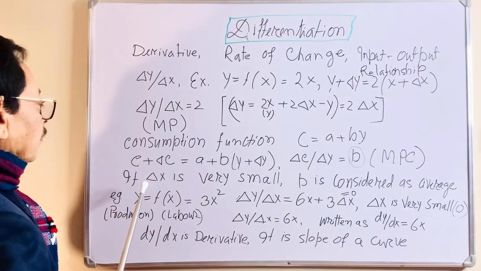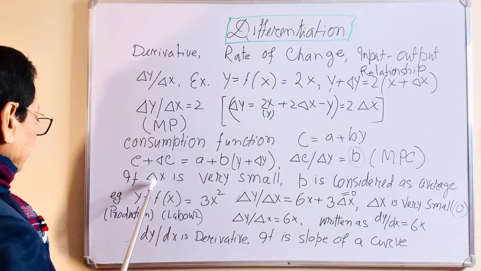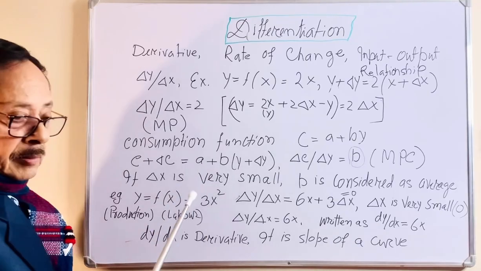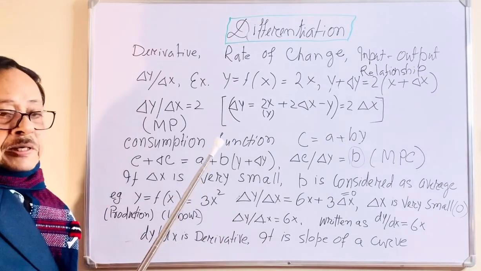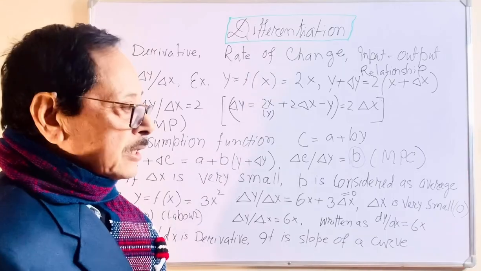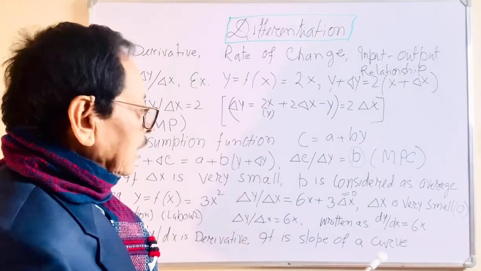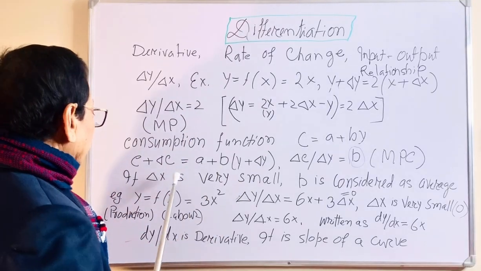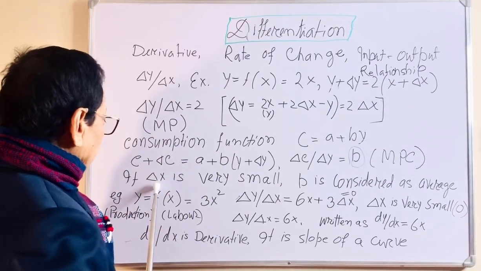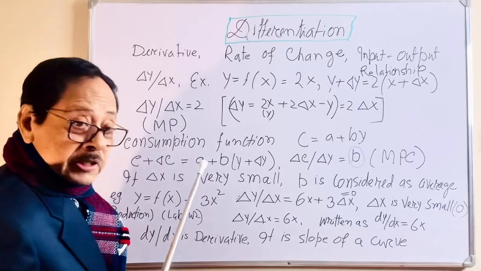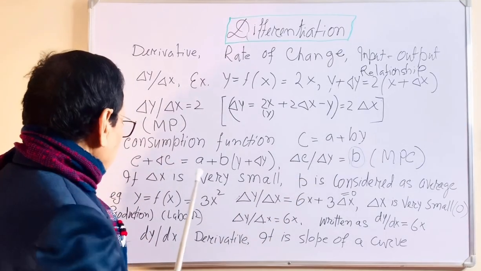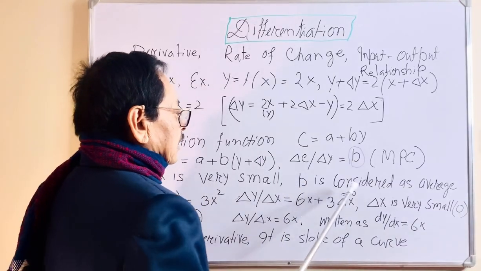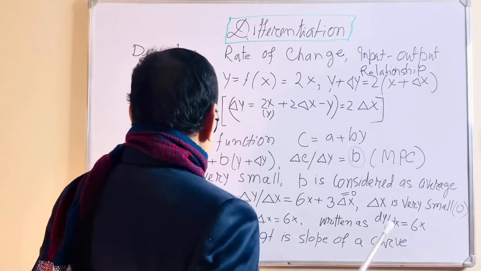Now if delta X, the independent variable, is very small, not 1 unit but less than 1 unit, in a differential equation we say it almost tends to 0, not 0, but tends to 0. It is very, very small. B is considered as an average.